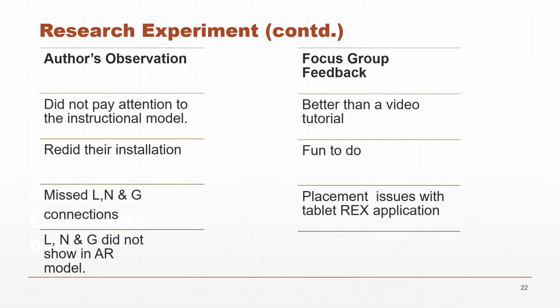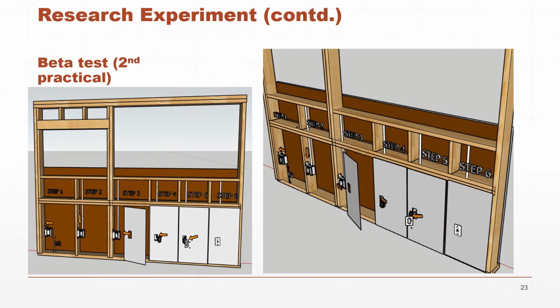So in the phase 1 experiments, we found that participants were not really getting all the information required to perform installation. So we decided to add more information to the model and perform a second set of tests to check its effectiveness. The second test, we call it beta test.